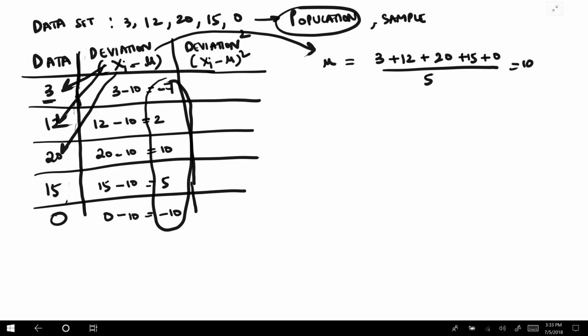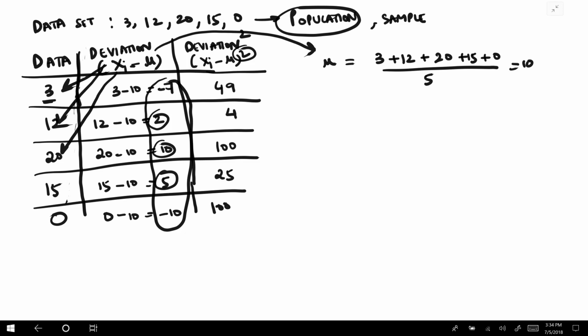So in order to avoid that problem, we square each one of them. So negative 7 square gives 49, 2 square gives 4, 10 square gives 100, 5 square gives 25, and negative 10 square gives 100.